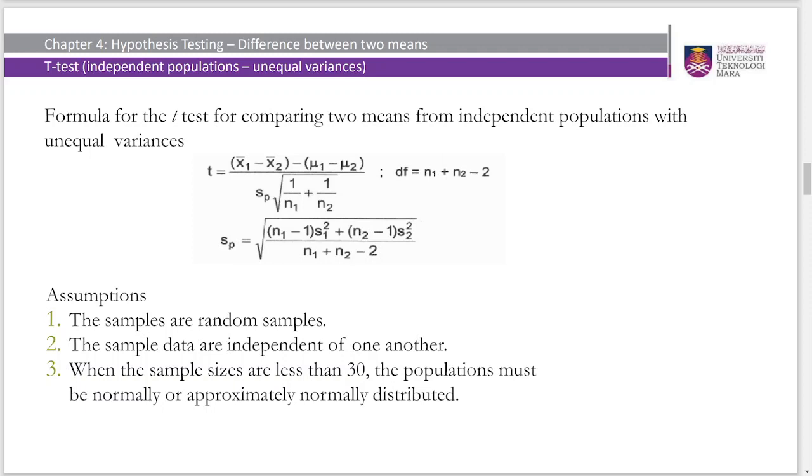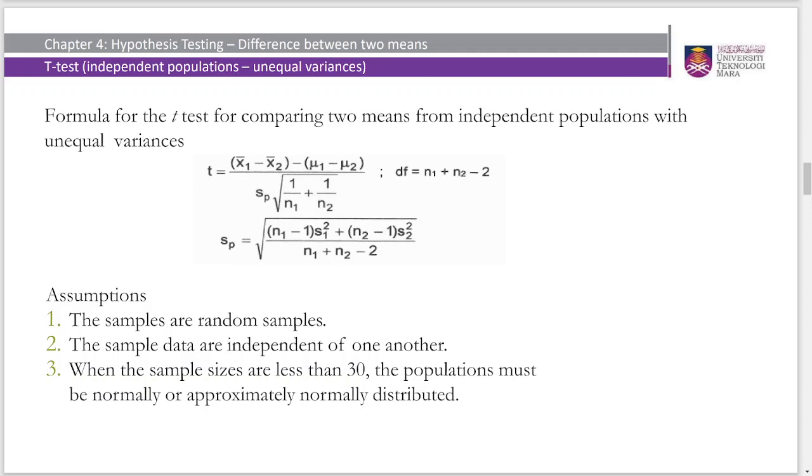So for the t-test of independent populations, the t statistic is given by the formula as you see on your screen. That is x bar 1 minus x bar 2 minus mu 1 minus mu 2, divided by SP, where SP is called the pooled standard deviation, multiplied by the square root of 1 over n1 plus 1 over n2.